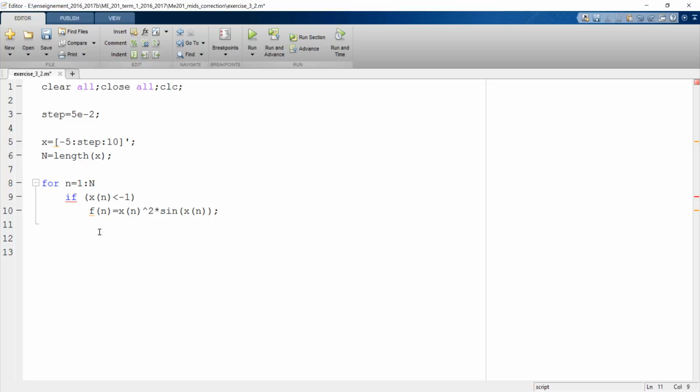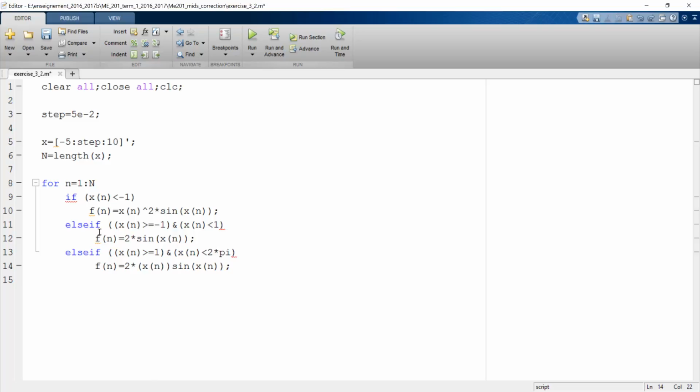After this, you will do else if xn bigger than minus 1 and less than 1, you will do f of n equal to xn exponent 2 divided by 2xn. Then, between 1 and 2 pi, you will do also else if, f of n equal to xn exponent 2 times sine 2xn, else f of n is equal to 2xn minus 2 pi.